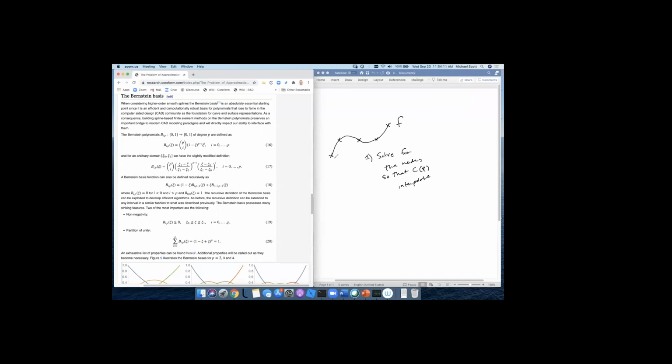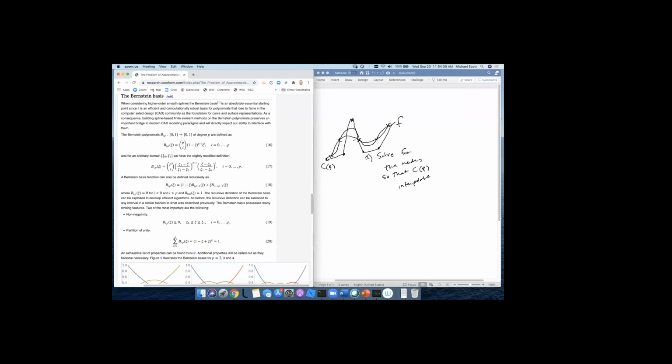Maybe that gives you a Bezier curve that looks something like this initially. That curve has a control polygon that, this is not exact or anything, but maybe looks something like that.